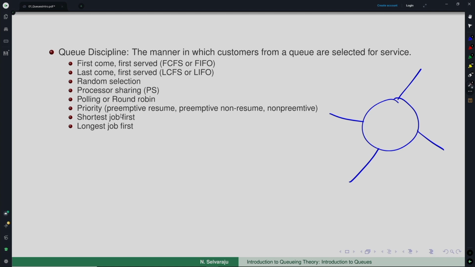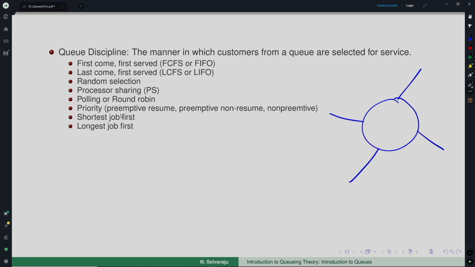Some customers may be higher in value, or whatever the reason is, so they do get priority. You see this in a hospital situation, where priority customers are those who need immediate care, right. So, priority is prevalent, and priority as a discipline is also something one needs to keep in mind.